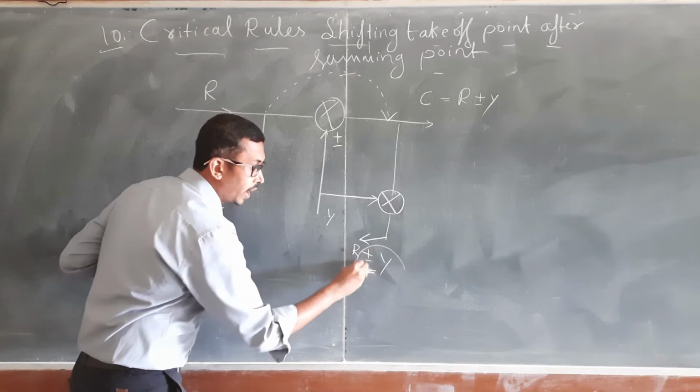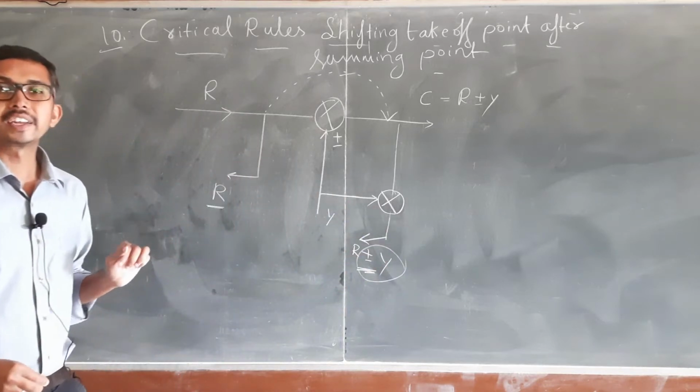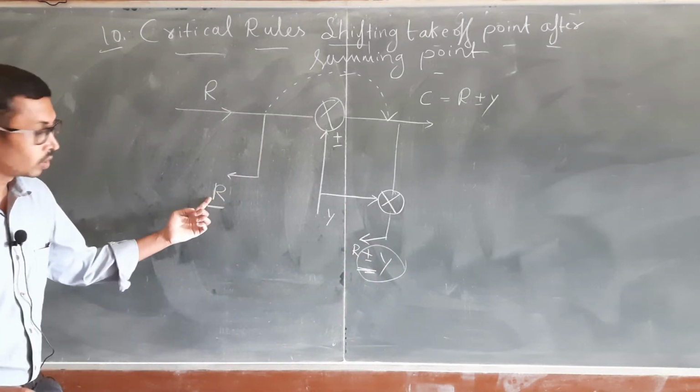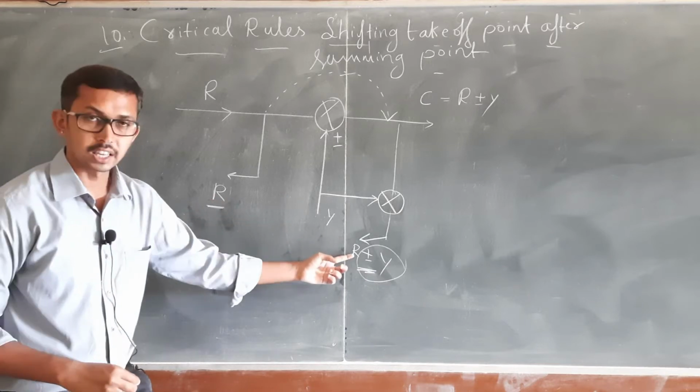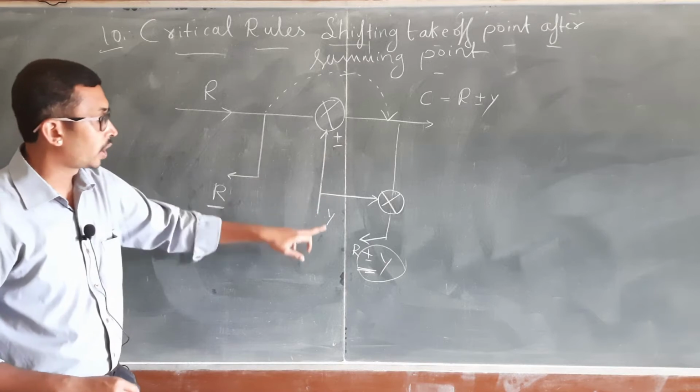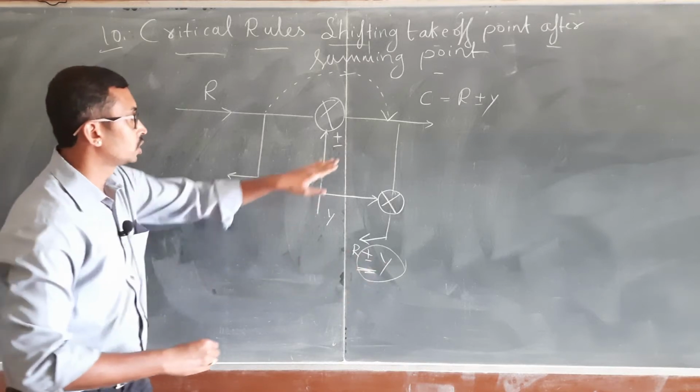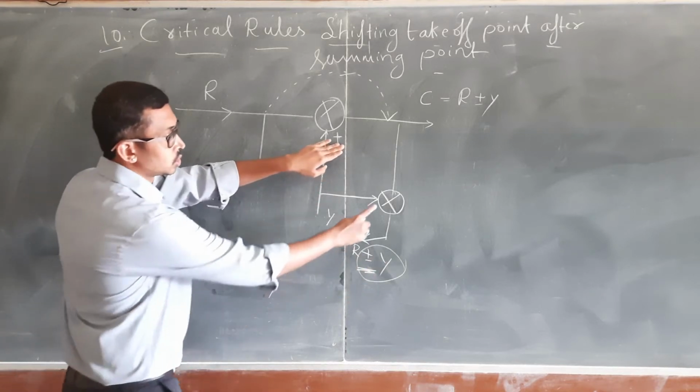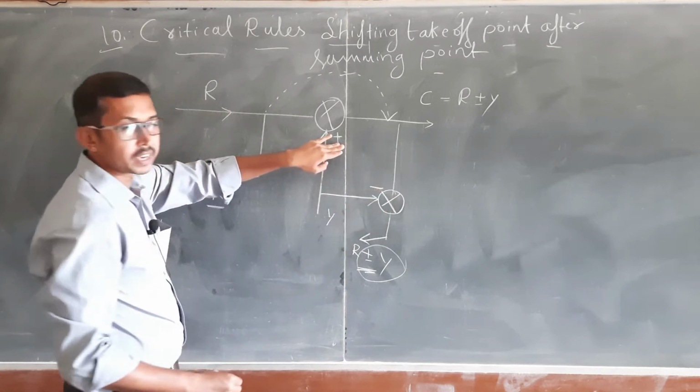I need to eliminate this Y, then only the output remains the same R. Here the plus or minus Y is there, so I need to eliminate this one. If there is a plus symbol, then here must be a minus symbol.